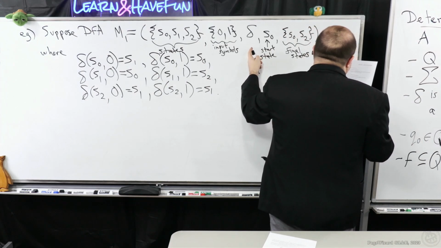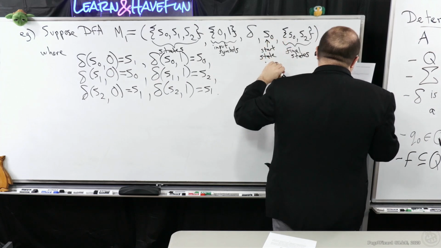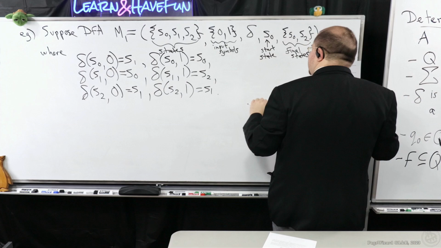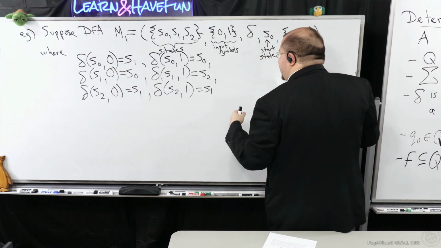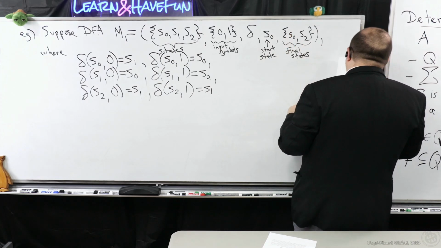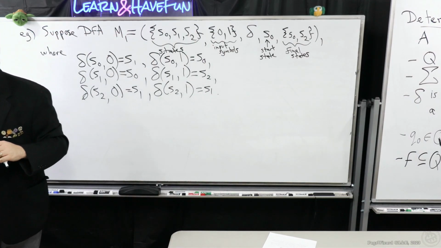Please note that for every state and every input symbol, all of these are defined. You can't omit these unless you have some construction that tells you what to do in all other cases. And finally, these are our final states, S0 and S2.